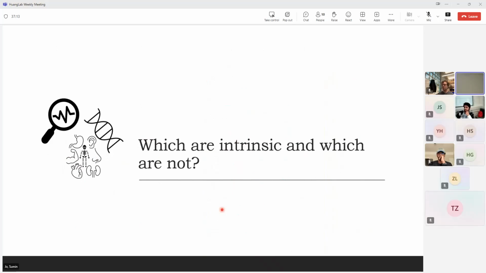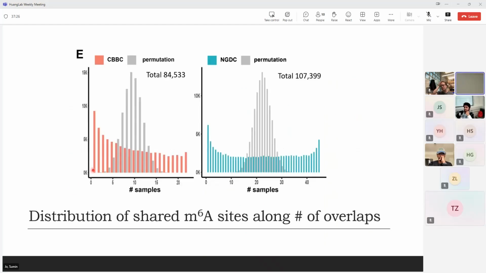After we complete this overlap, we want to identify the real intrinsic sites. If we examine the overlap distribution of m6A sites across samples, we see some kind of saturation as we increase the number of samples, and very extensive overlap as we add more samples in NGDC data.